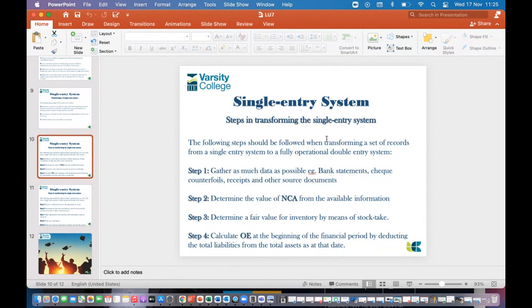Remember the steps in transforming the single entry system. You want to gather as much information as possible, firstly. Then you want to determine the value of net current assets, determine the fair value of inventory by means of a stock take, calculate owner's equity at the beginning of the financial period by deducting total liabilities from total assets as at that date.